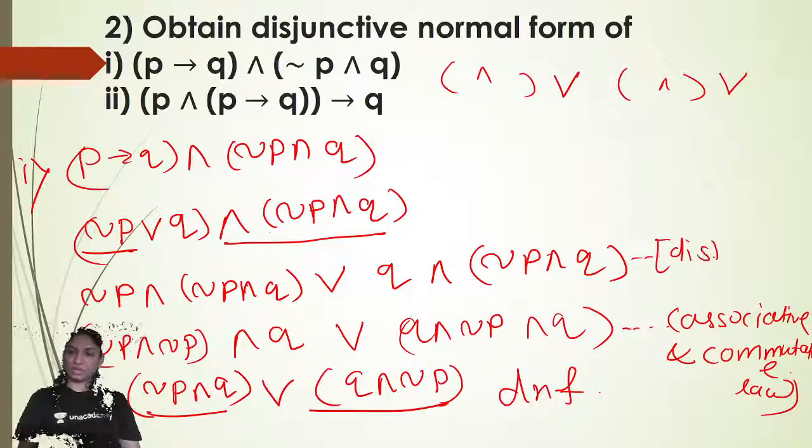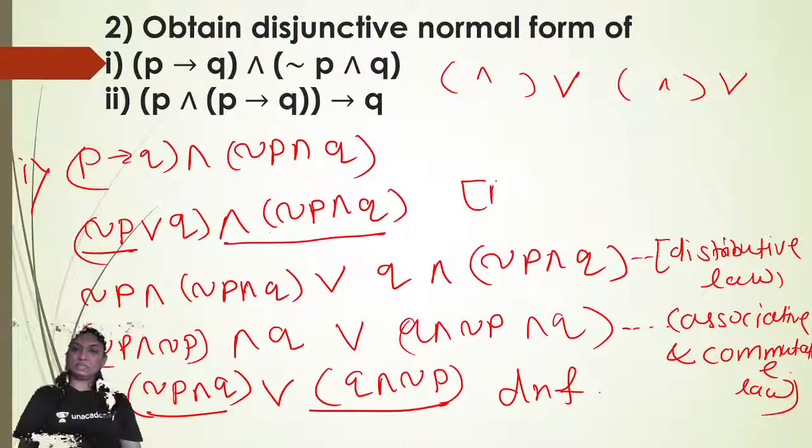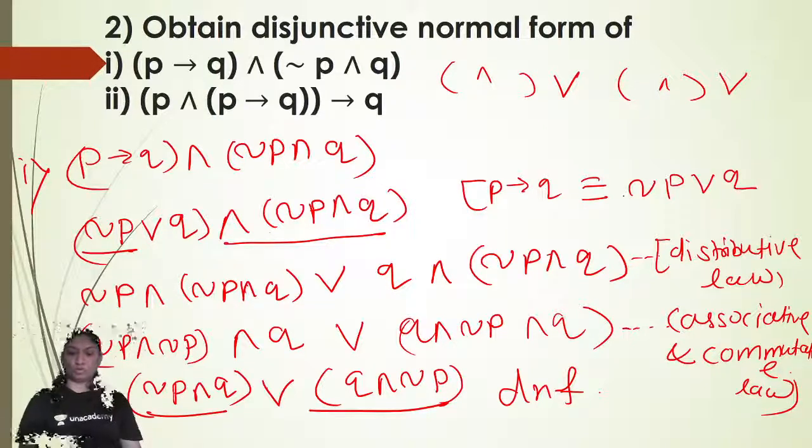If you want, write down distributive law. And here, as we know that P implies Q is equivalent to negation of P or Q, that law we have already used here. Negation of P implies Q is equivalent to negation of P or Q. Okay, so this is your disjunctive normal form for the first statement.